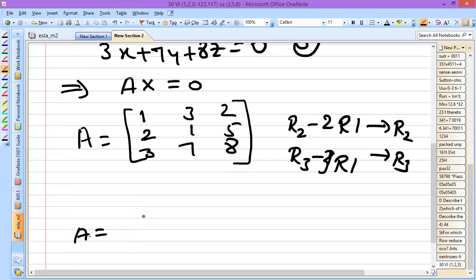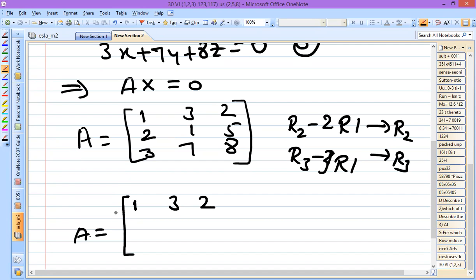So here the first row will not change because we have not made any change, so 1, 3, 2 will be there. Here we are performing R2 minus 2R1. R2 elements are 2, 1, 5. So subtract the elements of R1 multiplied by 2 from the elements of R2. 2R1 will be 2, 6 and 4, which has to be subtracted from 2, 1, 5.